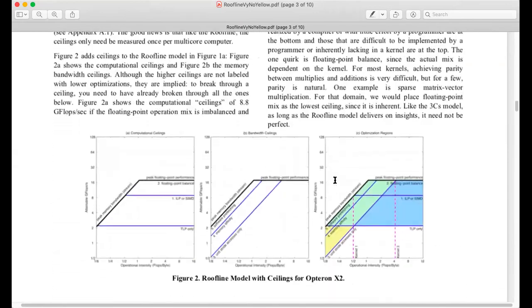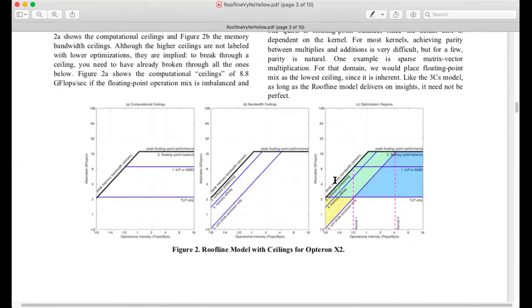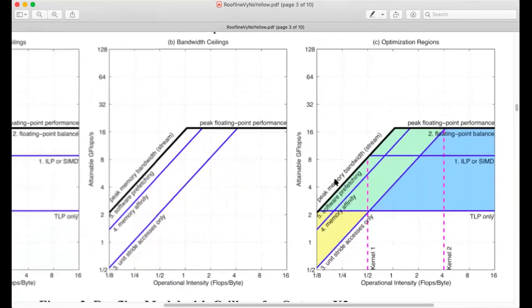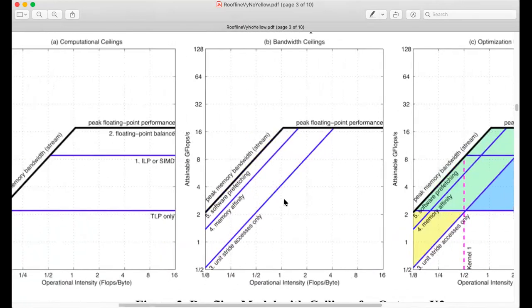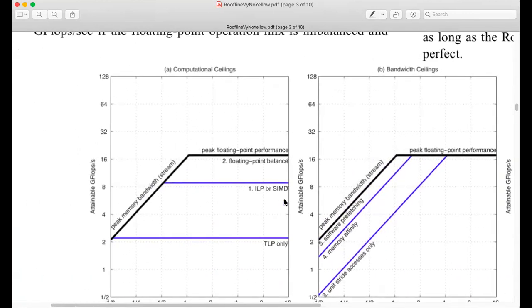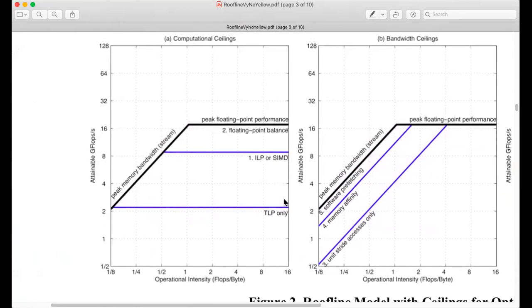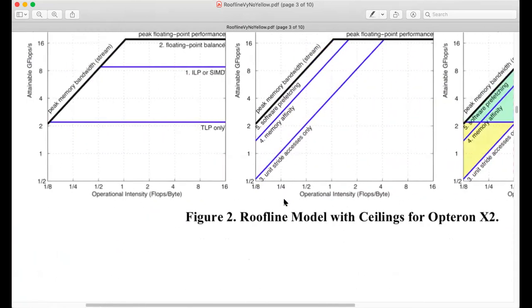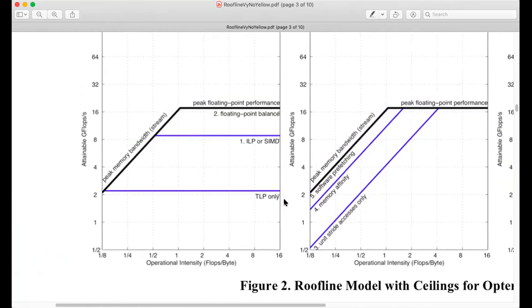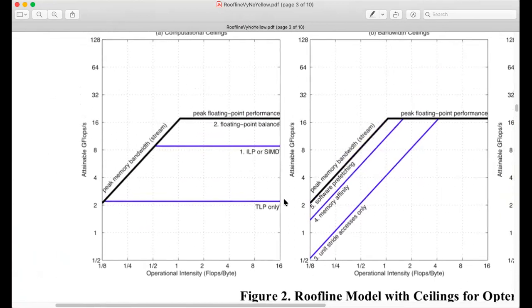Okay. So now we look at one more example from the CPU space itself, and see how things could work for you.